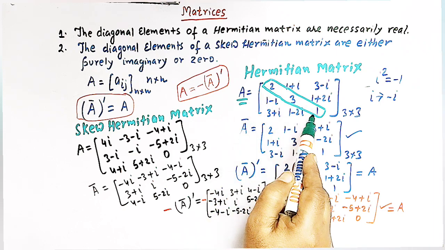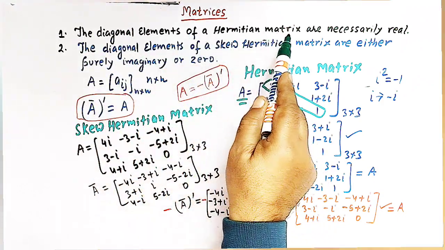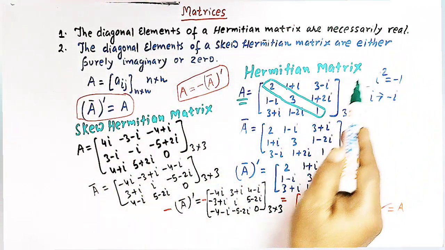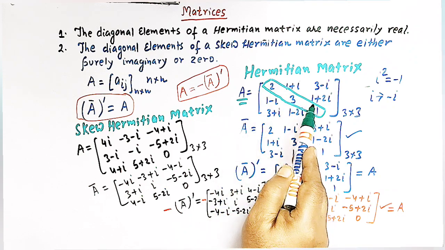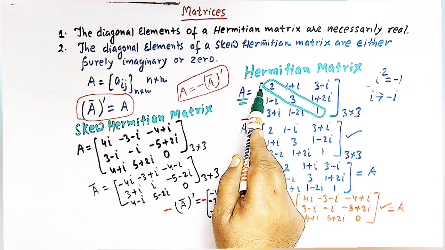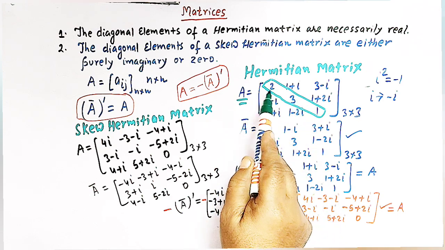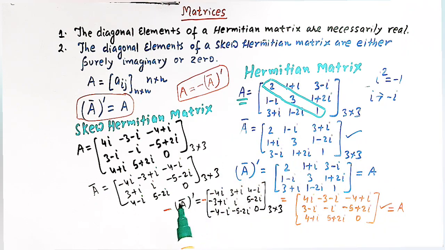They are not complex numbers or imaginary numbers. So the diagonal elements of a Hermitian matrix are necessarily real. So the diagonal elements cannot be imaginary numbers or complex numbers.